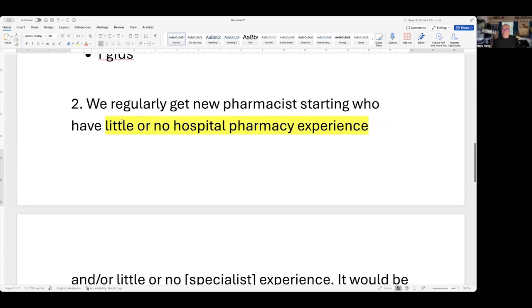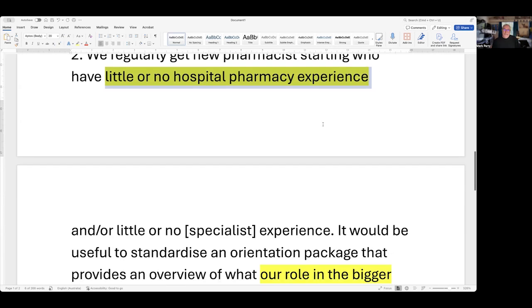So it's a good thing that that's been identified, because we always have to have empathy for our learners. And if we know that they have little or no hospital pharmacy experience, it's almost like considering what are the things that stress them out the most in your learned understanding and experience over X number of years, because then they can be the points that we start with.